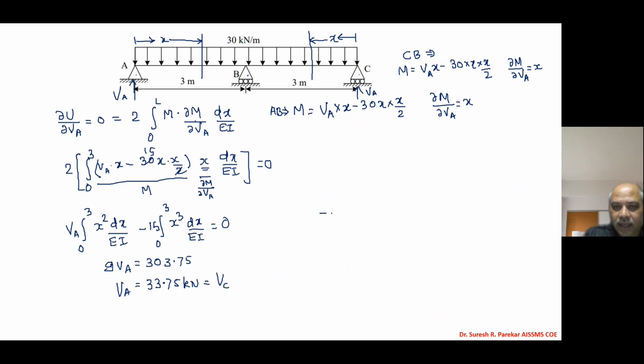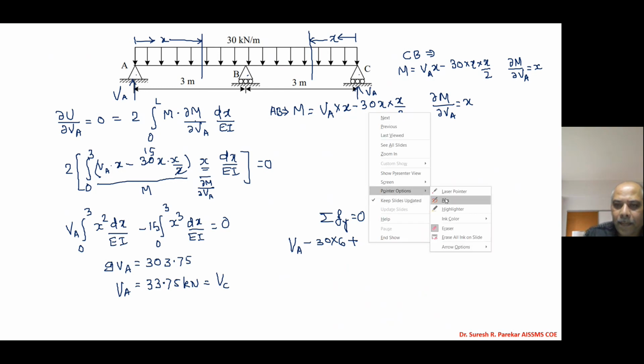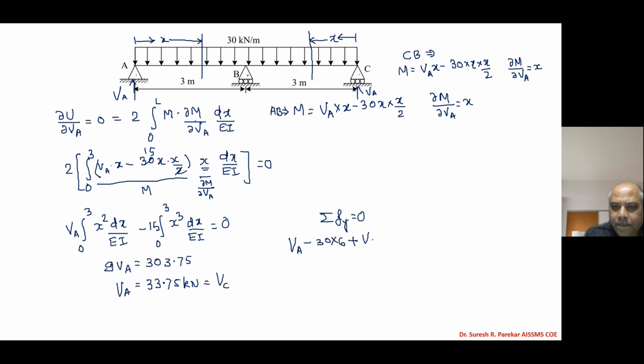And now we will apply summation Fy equal to 0. So we have VA minus 30 into 6 total UDL plus VB plus VC, and that is equal to 0.